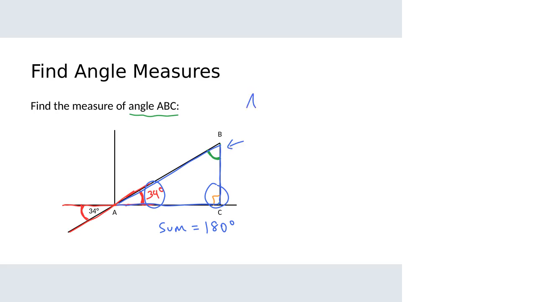The measure of angle ABC plus the 34 plus the 90 is going to have to equal 180. Okay, then. So that means that ABC, and you might not have to write this much down, I'm just being extremely explicit, so ABC plus, let's see, 34 plus 90, 124 is 180.